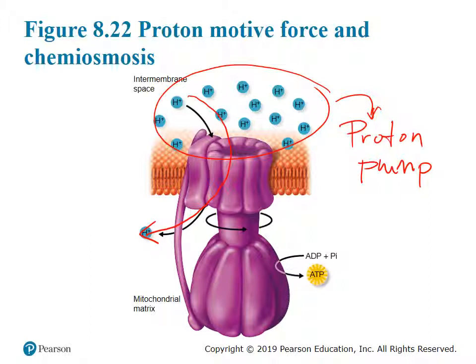As they go through, the proton pump changes shape and charges ADP and a phosphate group to make ATP. Essentially, that's the end stage for producing all of those 34 ATP that we see in the electron transport chain.